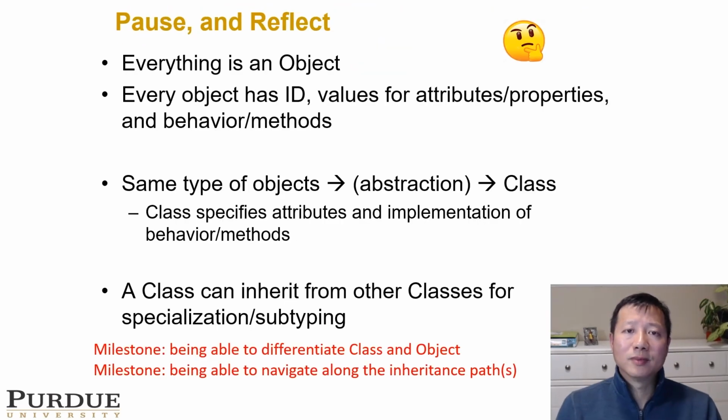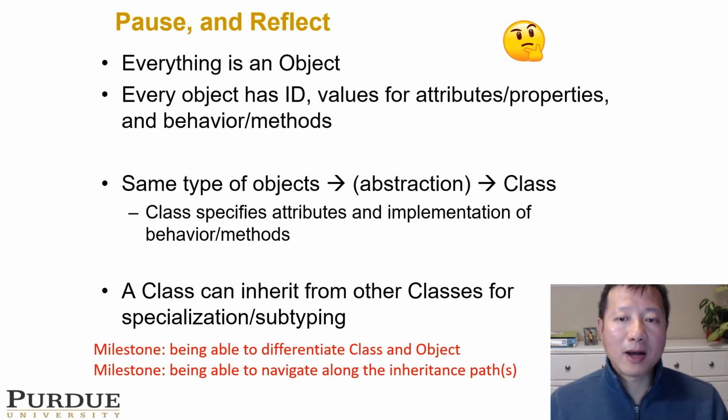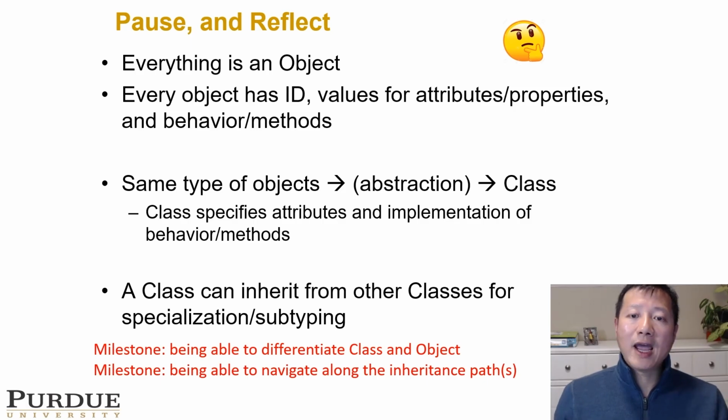So let's pause and reflect. Again, everything is an object, right? Every object has an ID, values for attributes, properties, and behavior methods. The same type of objects, we organize them together, go through a process called abstraction, and this abstraction leads to class.